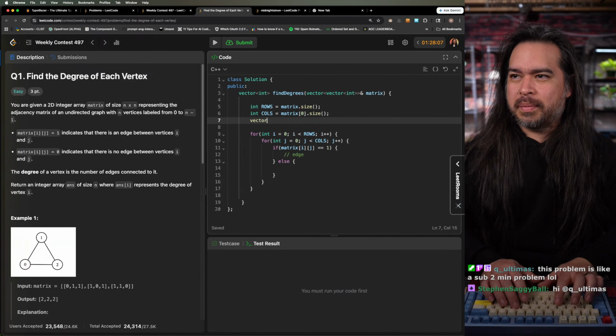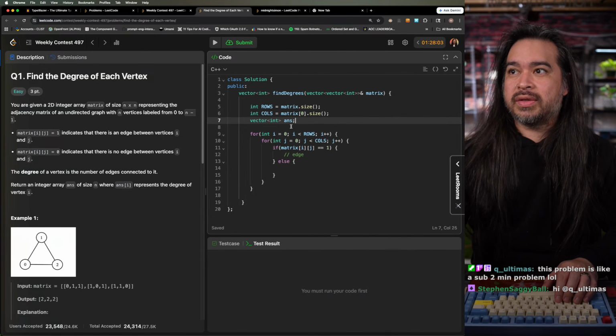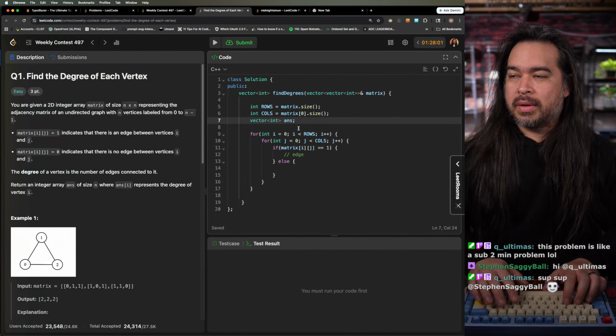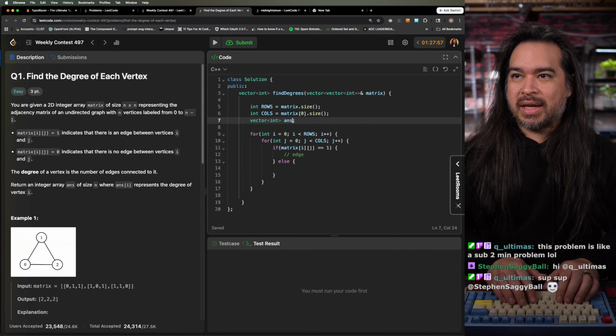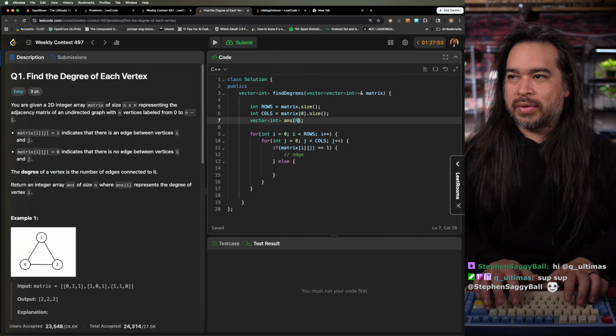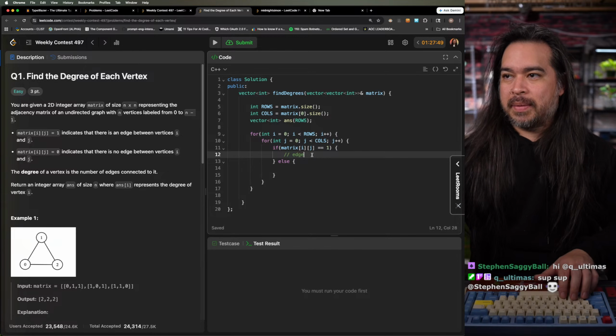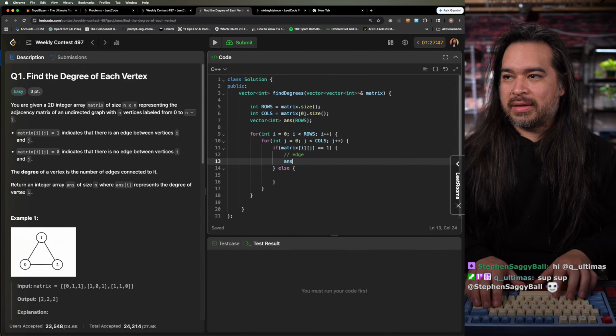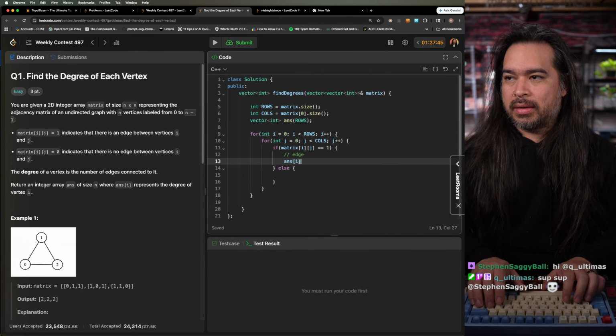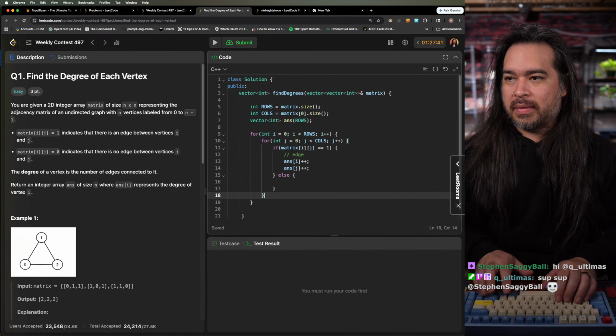How many edges? Every time, how much should this be, of size n? I guess it's just rows because it's n by n. So I'm gonna say if it's like this, increase that, and that's it.